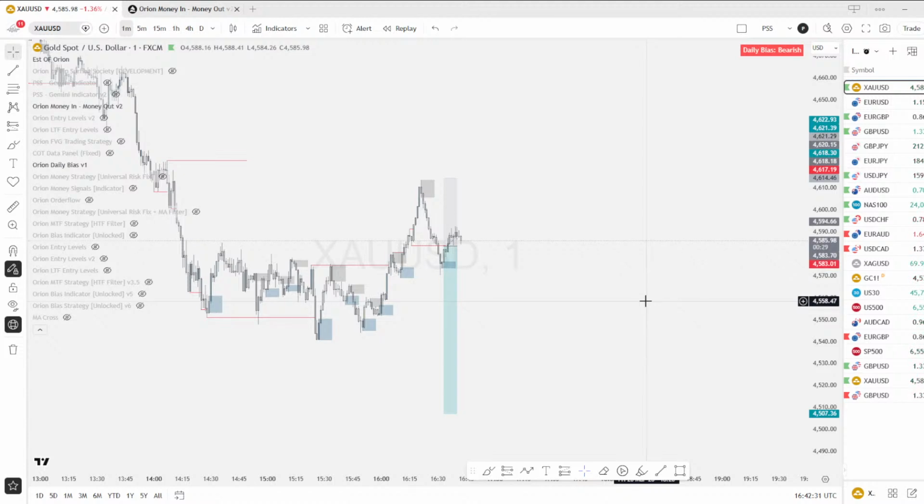Remember, guys, whether this is a profitable winning trade or an unprofitable losing trade, it doesn't dictate the long-term outcome of a data-backed system. It just doesn't.